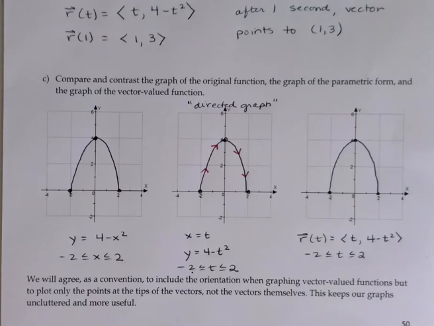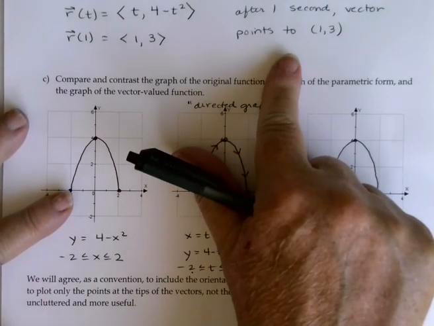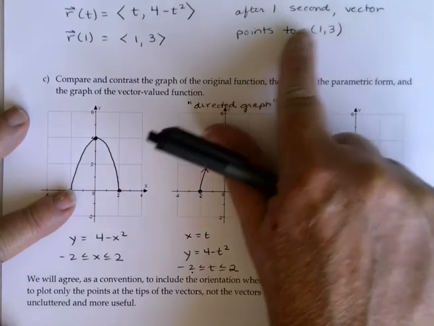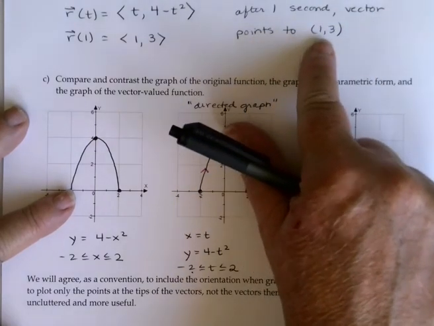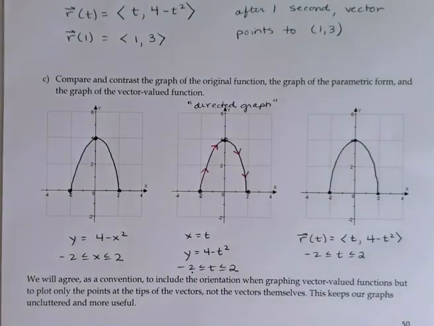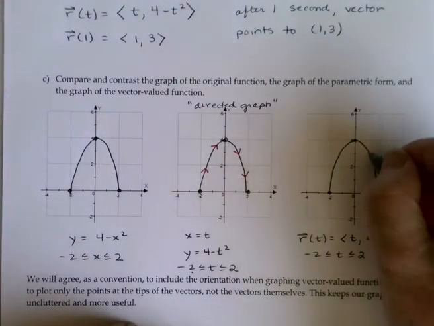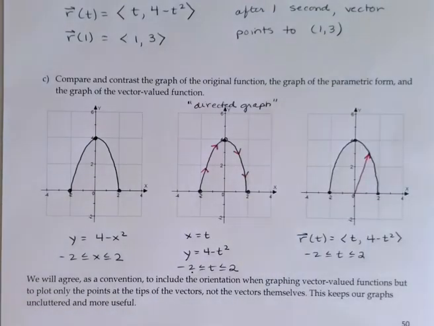But let's think about this interpretation again for a moment. The idea that at each time we have a vector pointing to the specific points on the graph. So for example, we had said at time 1, we get a vector that points to the point 1, 3. Like so. This is actually going to be true for every point on this graph.